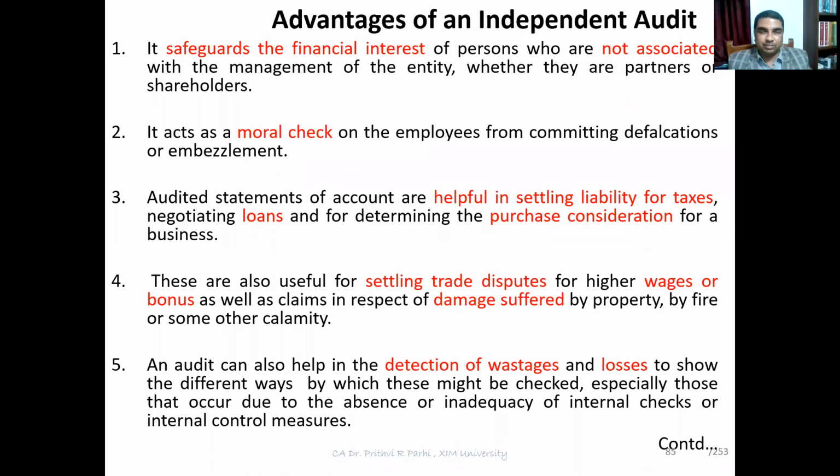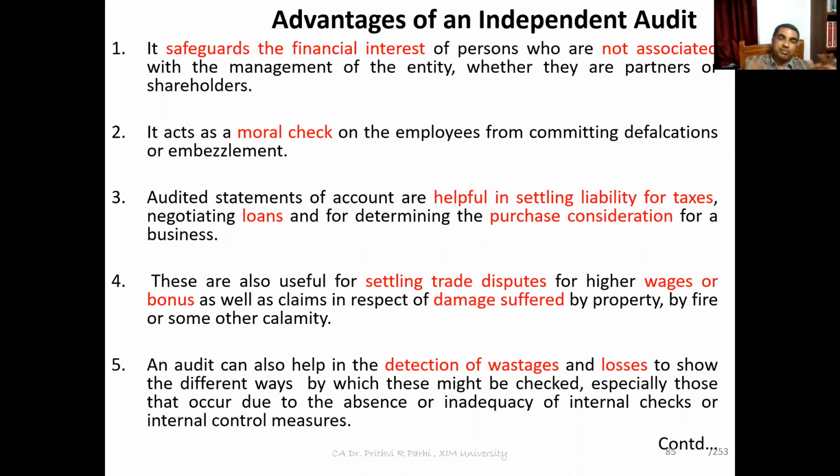When tax liability is to be settled, audited accounts are more reliable, because through these audited financial statements the profit or loss of the business is arrived at. When they are audited, they are more reliable. This is how audited financial statements help in settling tax liabilities.